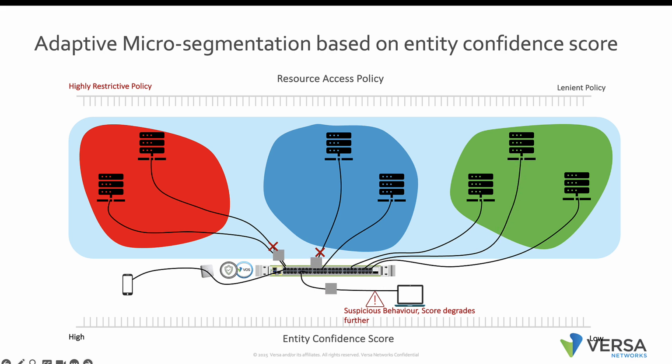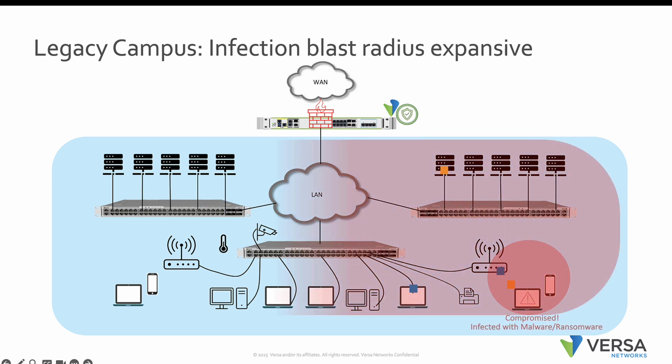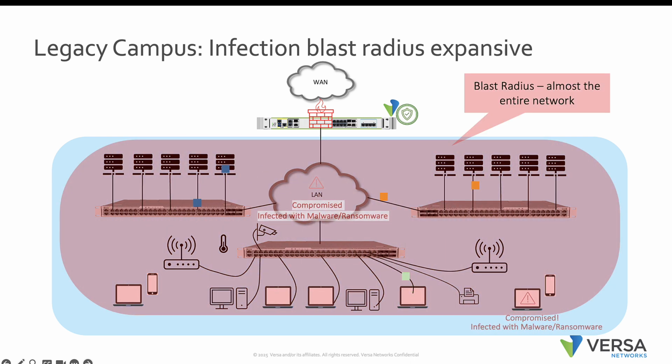So what we have in total? In the traditional way of things, how usually networks operate, if the device gets compromised, so let's say if something happens on that device, all the machines before the firewall gets affected. The blast radius is huge without ZTNA.